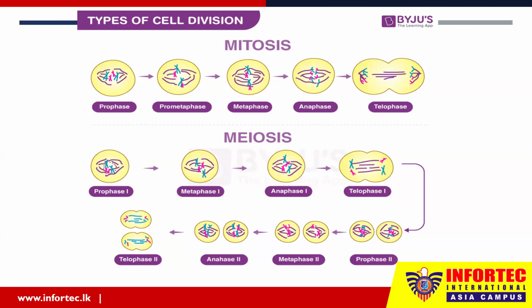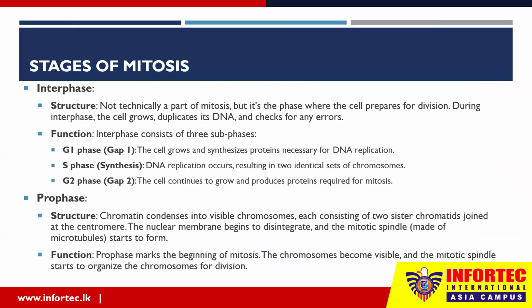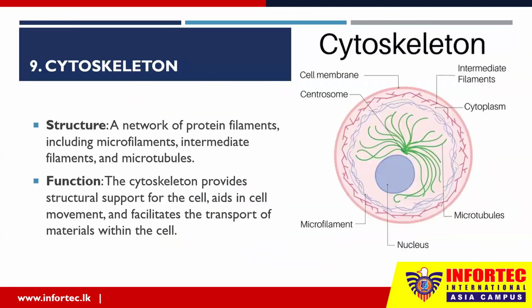After that, all the genetic material comes into the cytoplasm. Those genetic materials are called chromosomes. Two chromosomes are connected to each other at a place called the centromere. So here is the example of the centromere.